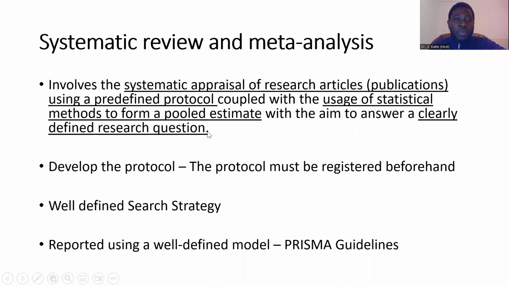And it differs from a systematic review and meta-analysis in the fact that in a meta-analysis, you have everything as in a scoping review. So a well-written protocol, which is registered, may be published beforehand. You have a search strategy.